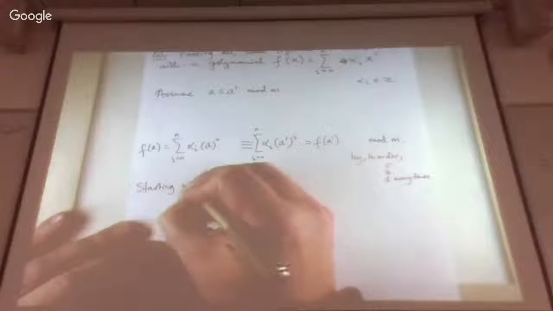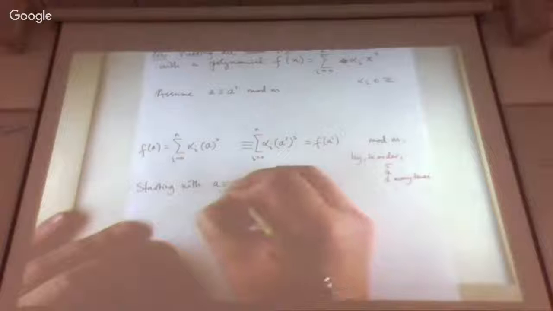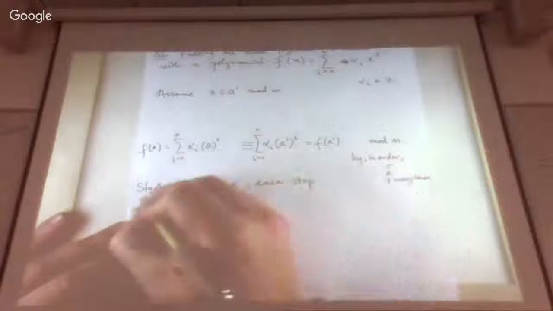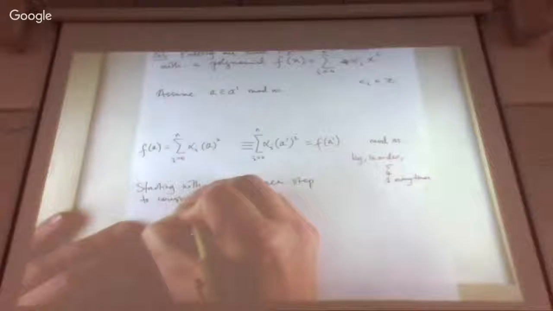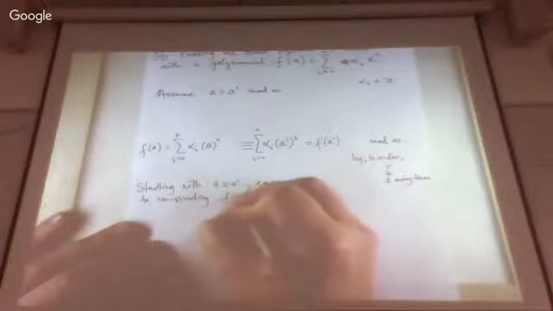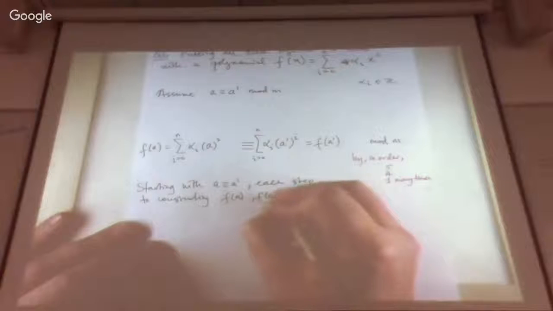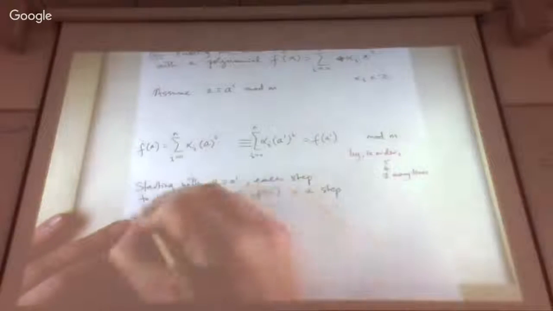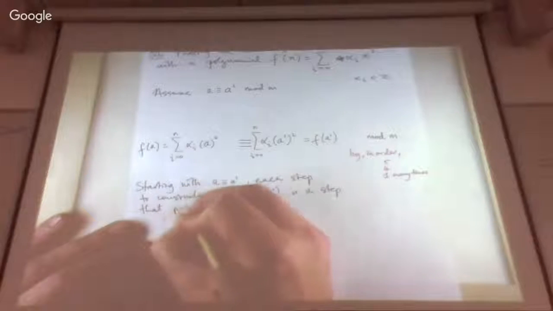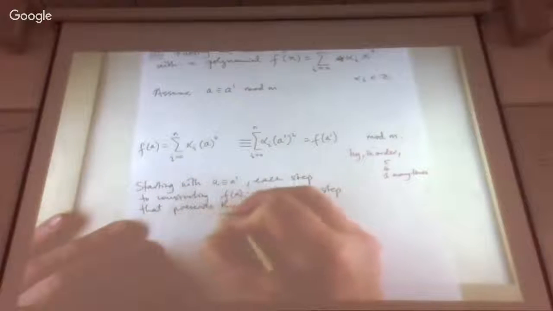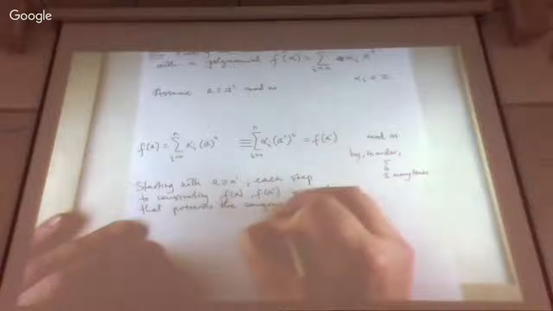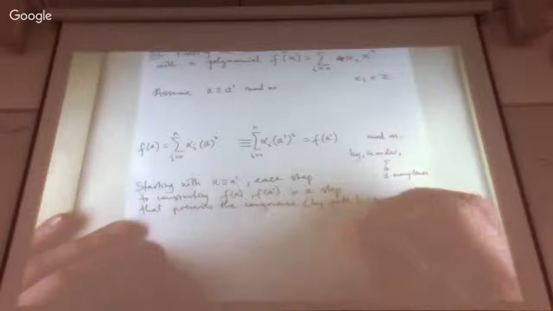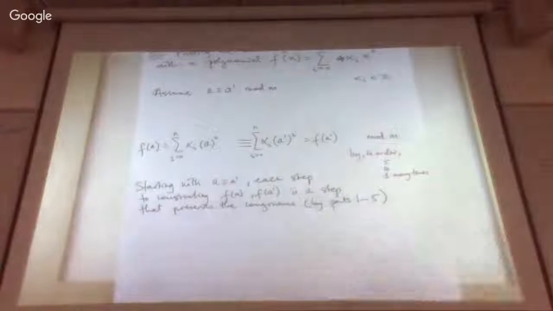Starting with a congruent to a prime, each step to constructing f of a prime is a step that preserves the congruence. Those are the 5 parts, 1 to 5 of the question.